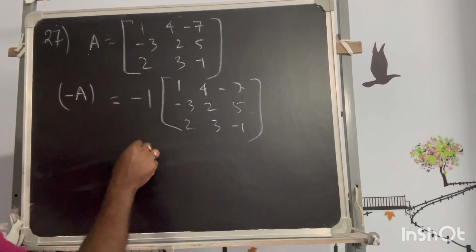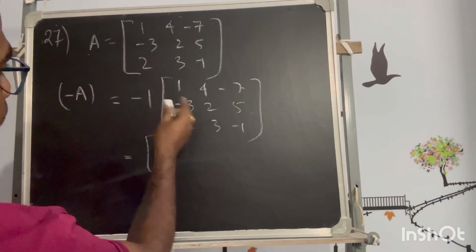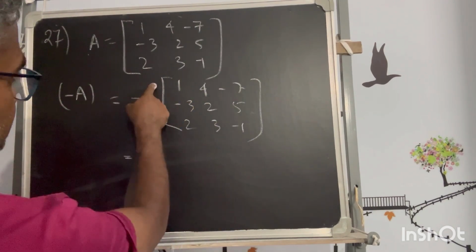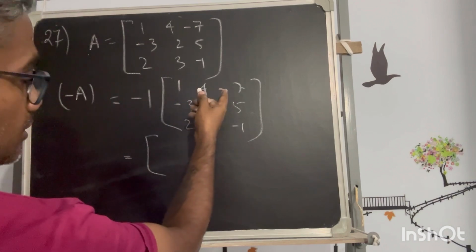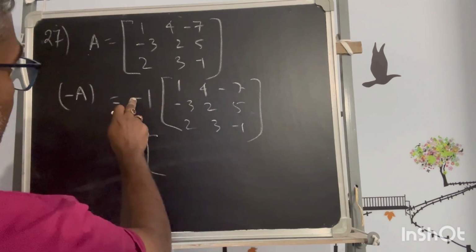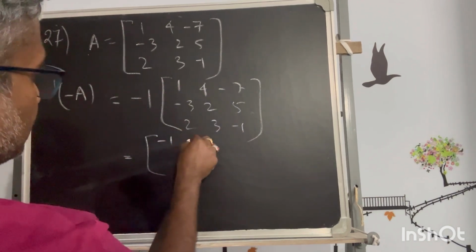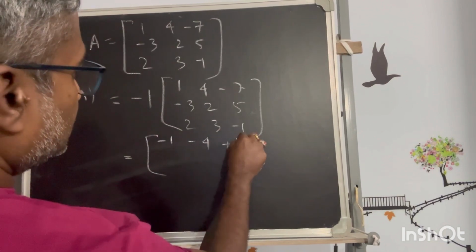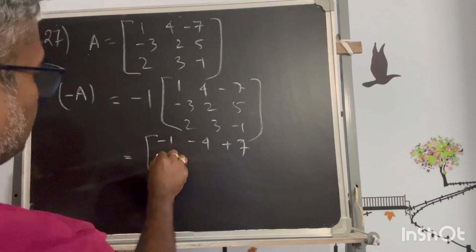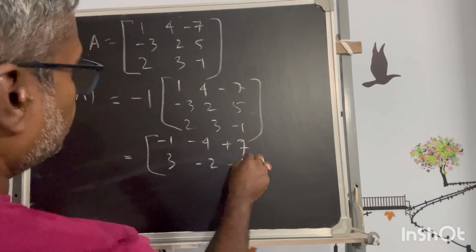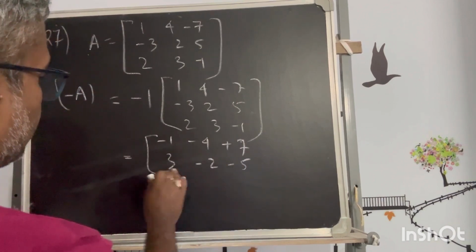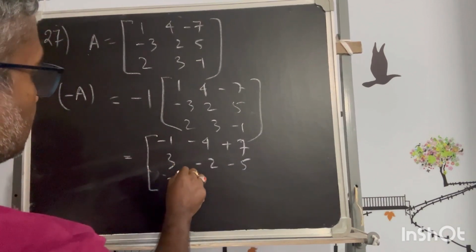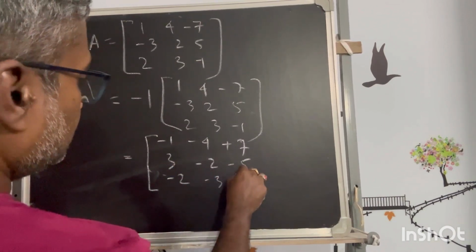So what we have to do is multiply -1 with all the elements. Nothing will change in the numerical value, only the minus will be adjusted inside, and accordingly the signs will change. That is the only thing which will happen to the matrix. Okay, -2, -3 and +1.